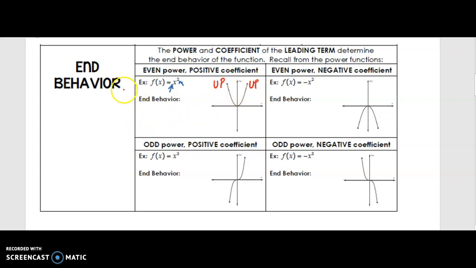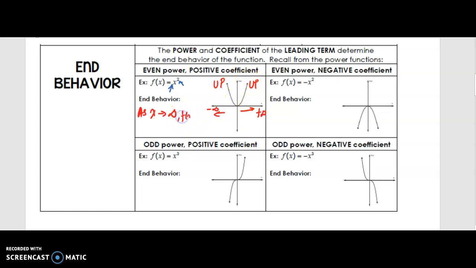So the math way of saying this is, as x approaches positive infinity, this is the positive infinity on the x-axis, and this is the negative, isn't it? So as x approaches positive infinity, what is y doing? The graph is going up, meaning all the y values are going positive.